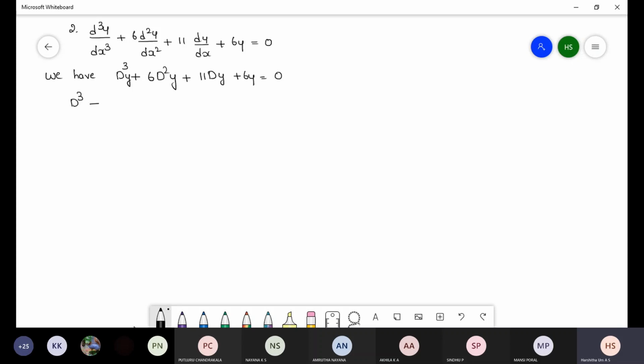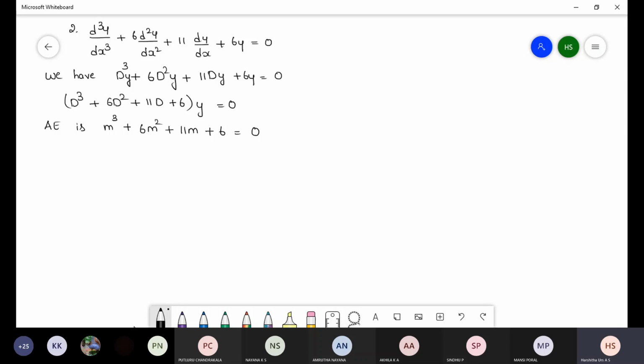Now I will take y as a common in every term, is equal to 0. Next, the auxiliary equation is m cube plus 6m square plus 11m plus 6 is equal to 0.